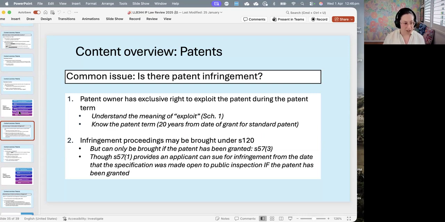And exploit means to use, to commercialize, to allow others to do those things, to make, right? It's quite a broad definition. And if somebody else does any of those things within that 20 years, I can bring an infringement action against them under Section 120 of the Patents Act.